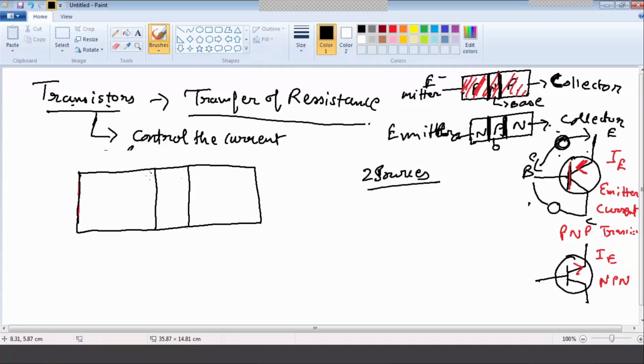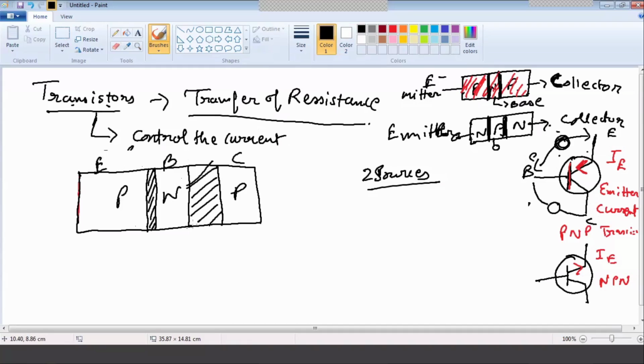So always this emitter-base junction is forward biased, right? So the depletion layer here will be less. And here the depletion layer is more because this is reverse biased. This is emitter, base, collector, P, N, P, right?